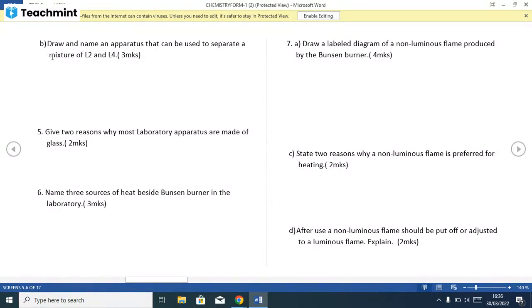Number 4, part B, draw and name, and number 7A, those will be part of your assignment. I will send this under the study material. You will look at it there. Okay, and part C. There is no part B, so part C.